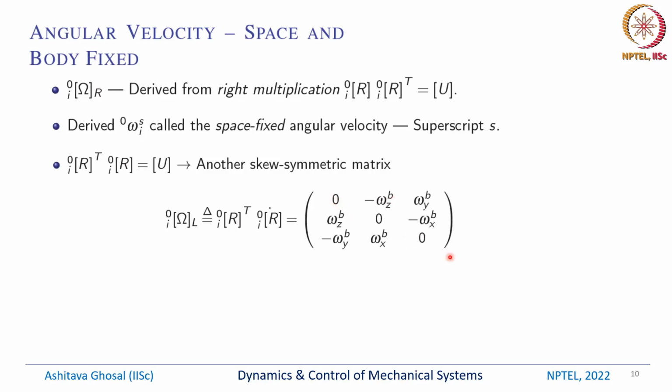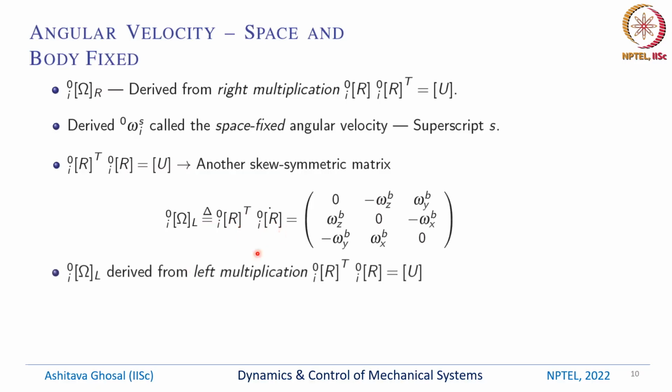Again, we will have 0 in the diagonal terms, minus omega z with a B superscript, omega yb, minus omega xb, and so on. So we can find a new skew-symmetric matrix which will be different from the previous one, because the previous one was R dot R transpose, and now it is R transpose R dot.